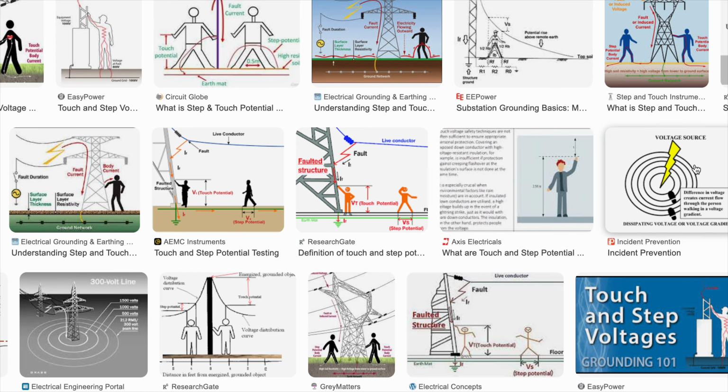Why? Because this is when we have lightning, or we have an arc fault, or a big electrical fault at a point in the ground. The ground can have a lot of electrons in it, and we have big voltages. It's like a gradient voltage.